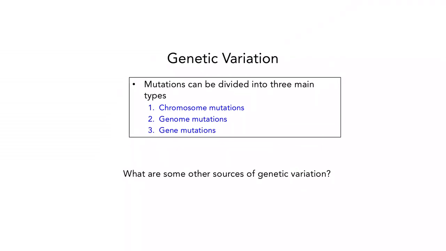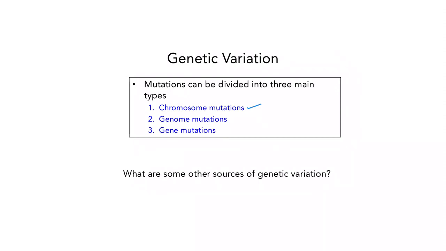The previous discussion leads us to defining what genetic variation is. In general, population geneticists focus more on mutations as a new source of genetic variation in populations, and we can divide those into the 3 main types that we've talked about before. We can have chromosome mutations, where you get structural variations, i.e. inversions and translocations.